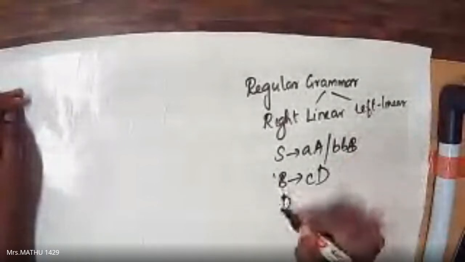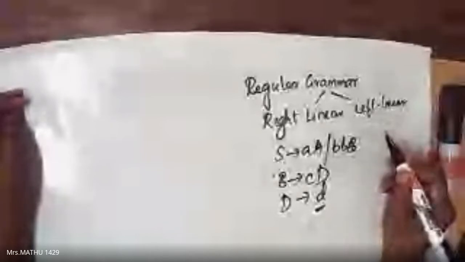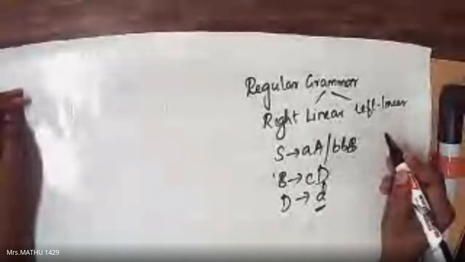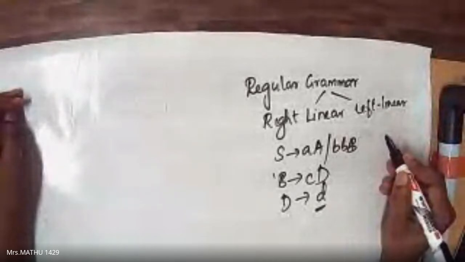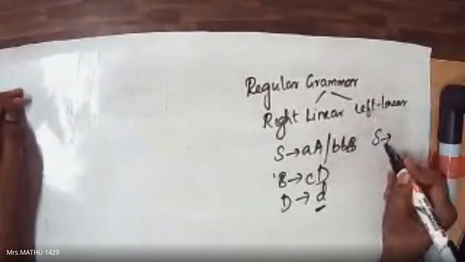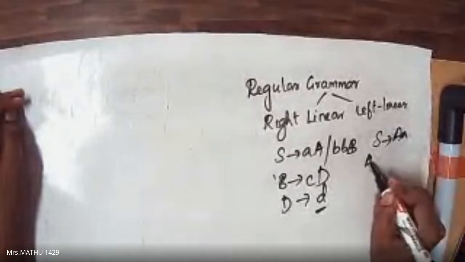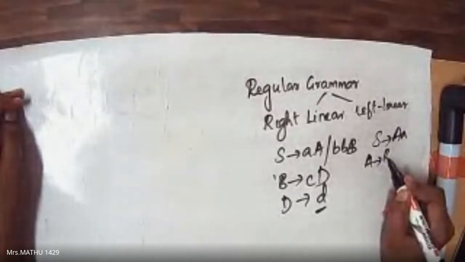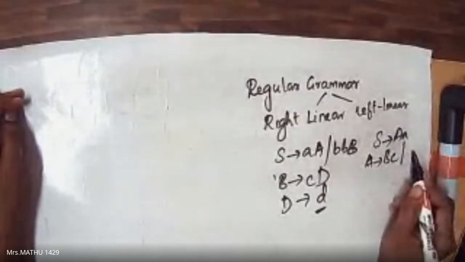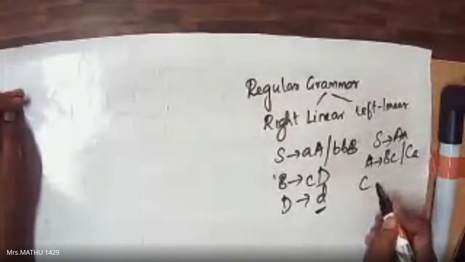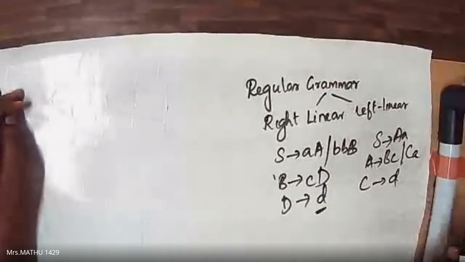Or it will have only terminals, one or zero or more terminals. And in left linear grammar, the variable will be at the leftmost on the right hand side. So this is the regular grammar.